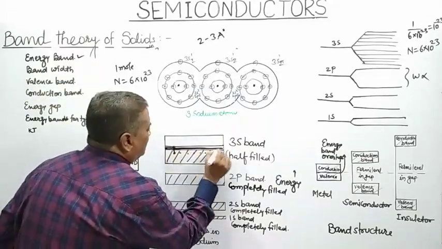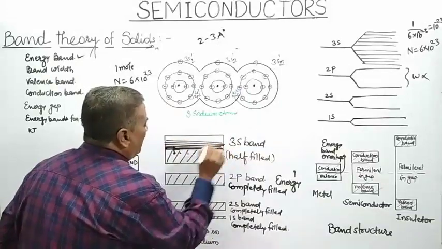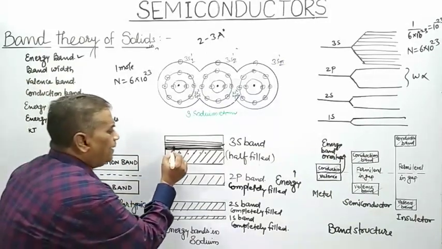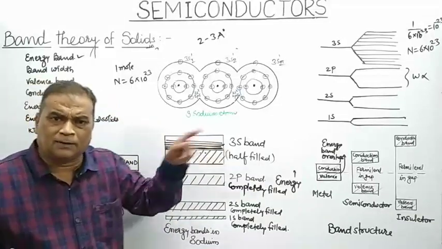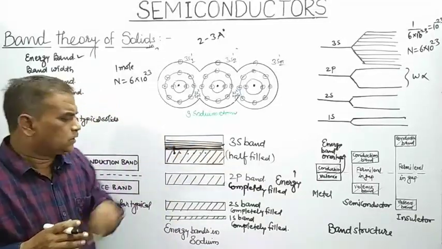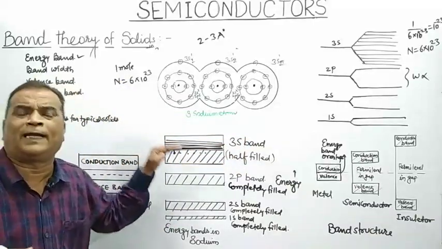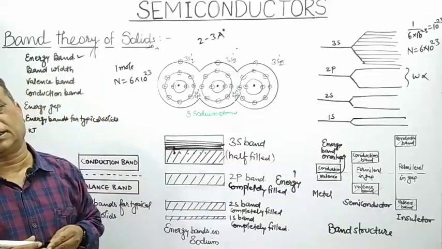So many energy levels are available, so when the electrons in the valence band receive energy, they will occupy the energy level immediately next to the valence band.